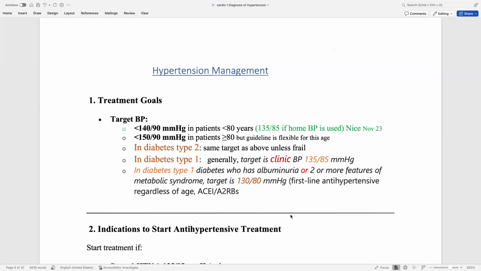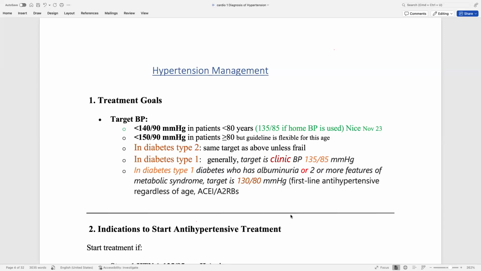The exception to that is an elderly patient above 80. Usually they have stiff blood arteries, so we will accept below 150/90.